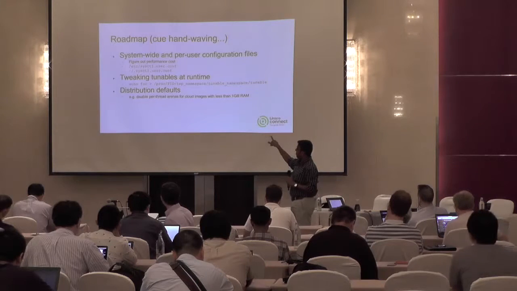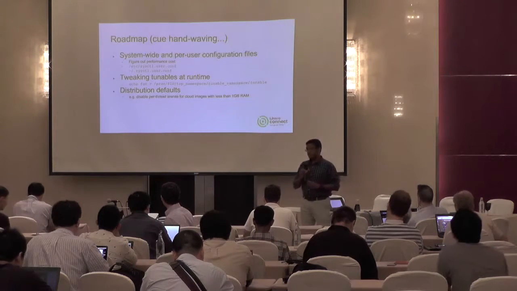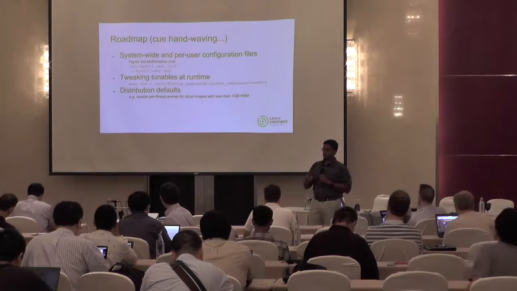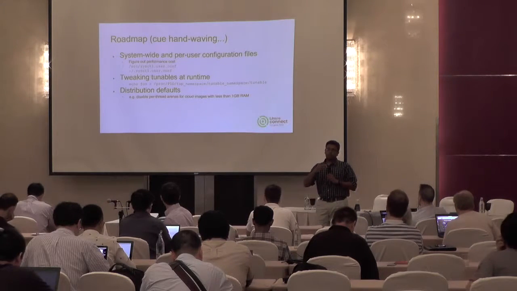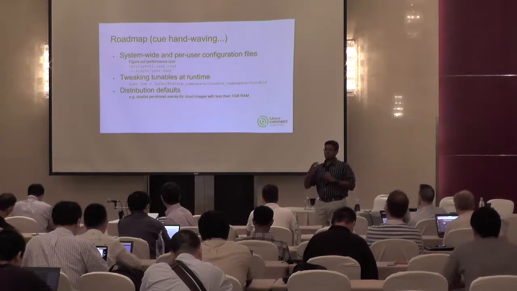The system level file will also help with distribution defaults. And the different aspect that I talked about with distribution defaults is that distribution maintainers then can have custom-made files for each of their images.